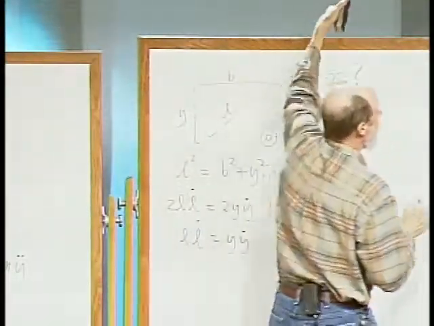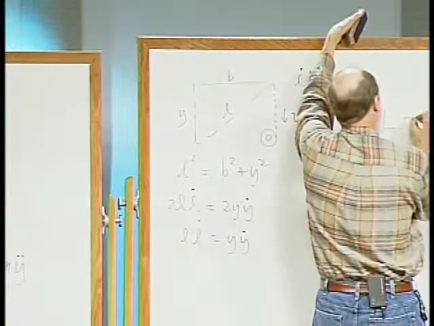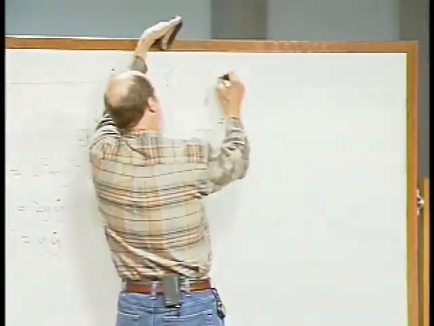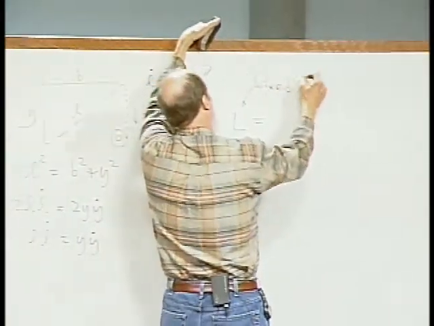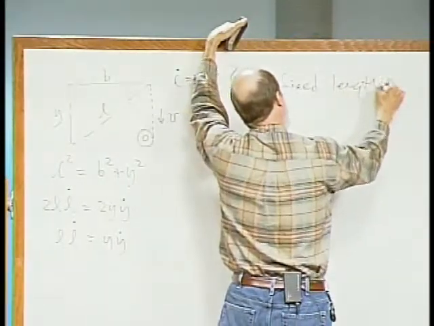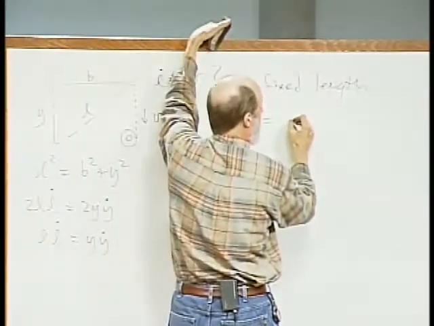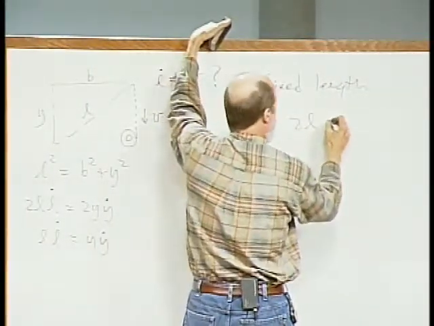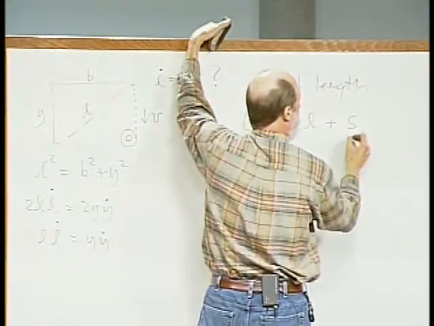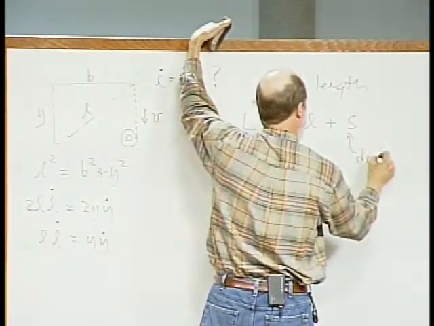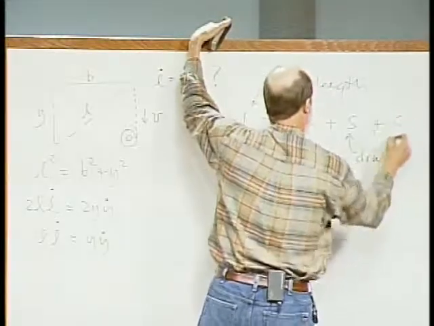So we wrote a length equation where this is a fixed length. And then we said it was made up of 2 pieces of L plus some amount on the drum plus some constant.